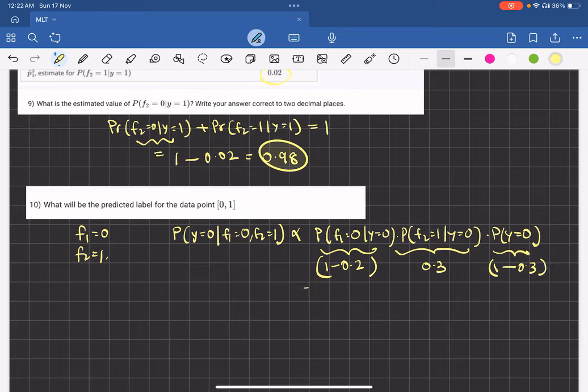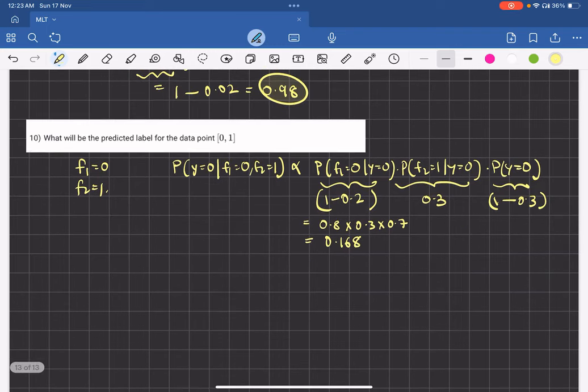Okay, so this is nothing but 0.8 multiplied by 0.3 multiplied by 0.7. What is this equal to? Let me just calculate it: 0.7 multiplied by 0.3 multiplied by 0.8, which is 0.168.